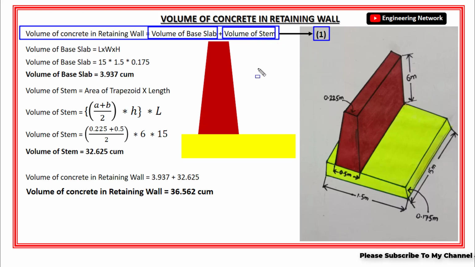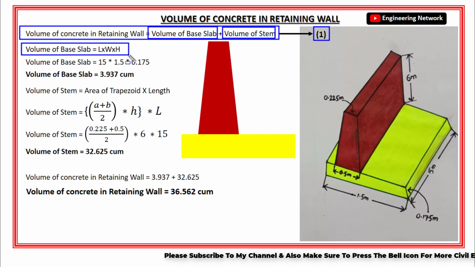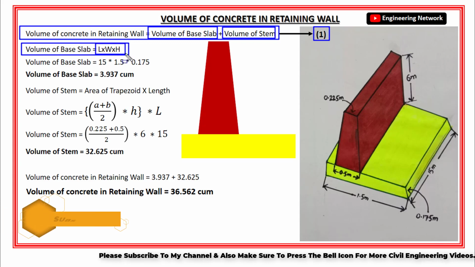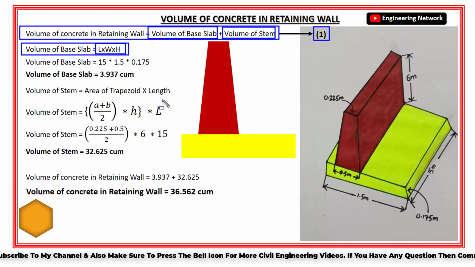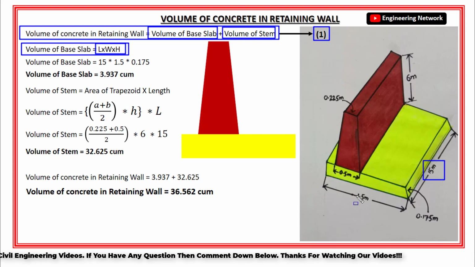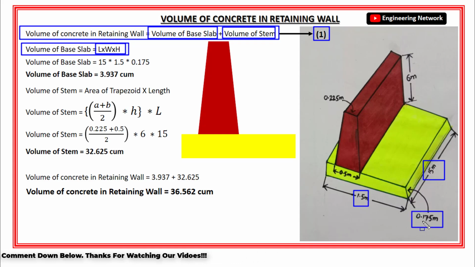So first let's find out the volume of base slab. The volume of base slab is equal to length into width into height because it is in rectangular shape. Here the length of the base slab, or the length of the retaining wall, is 15 meter. Width of the base slab is 1.5 meter and thickness of base slab is 0.175 meter.